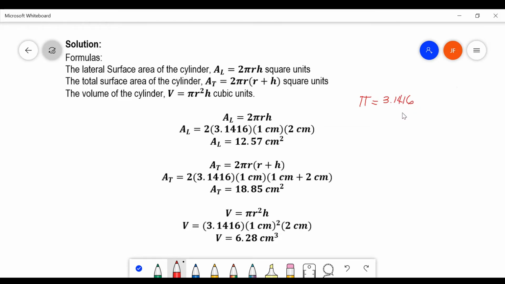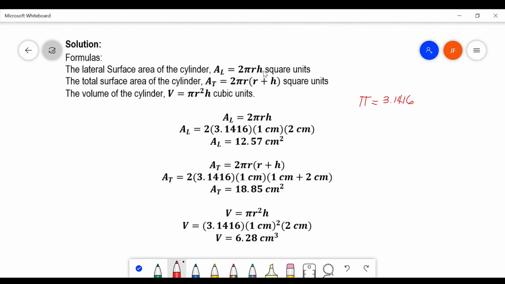So that's the approximate value of pi, because we cannot completely write the exact value of pi. This is an irrational number, meaning it is non-terminating and non-repeating.